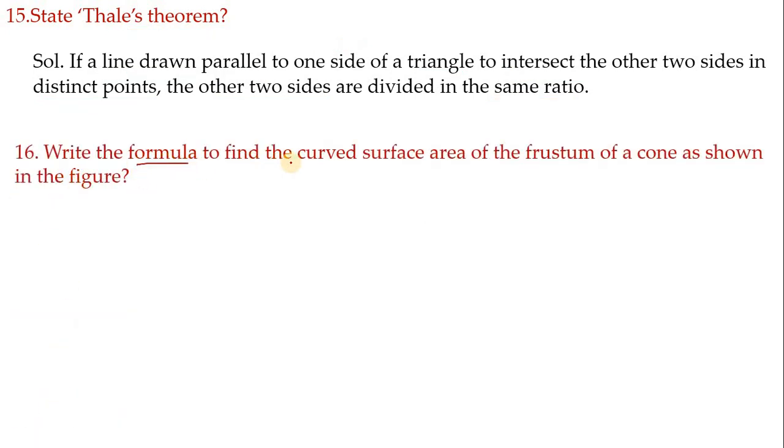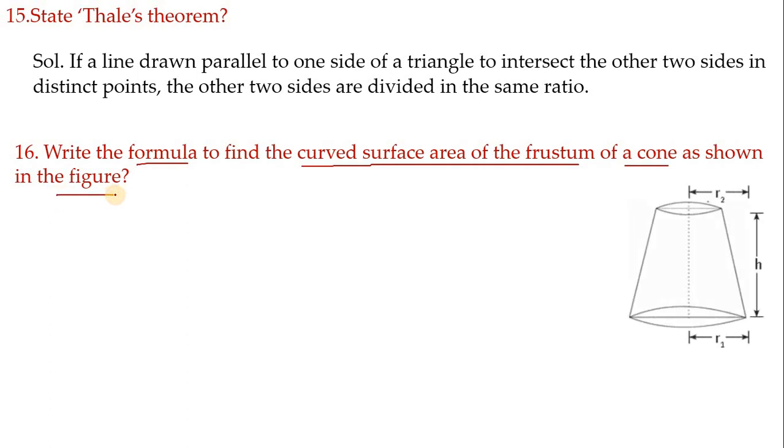Write the formula to find the curved surface area of the frustum of a cone as shown in the figure. This is the given figure. For this figure we have to write the curved surface area of the frustum of a cone. Usually children directly write this formula: pi into r1 plus r2 into L square units. But in the figure L is not mentioned.